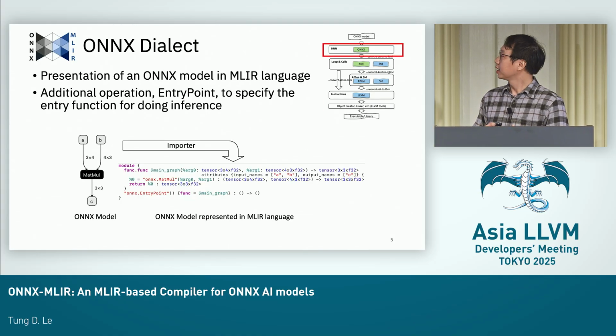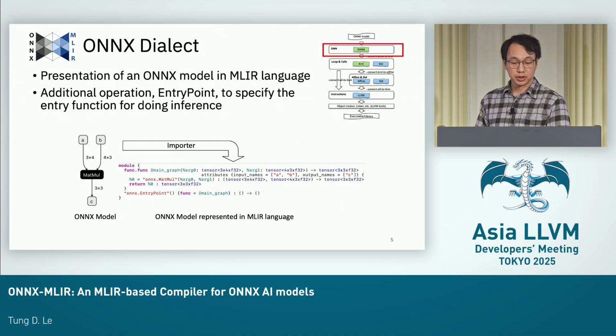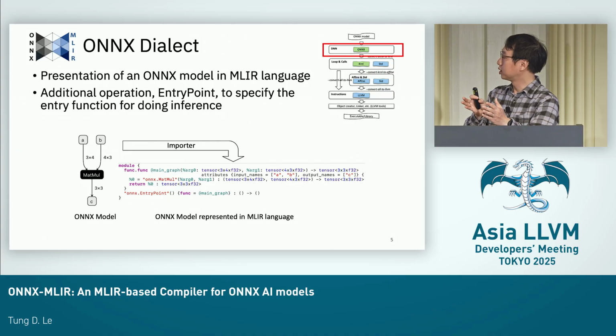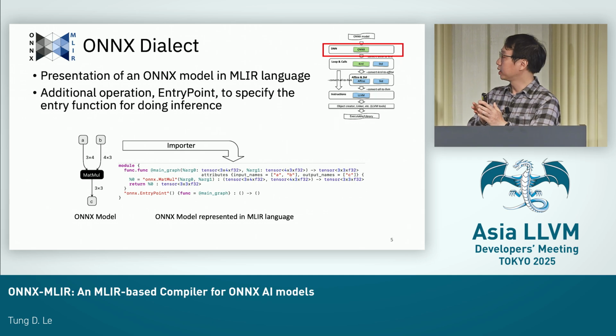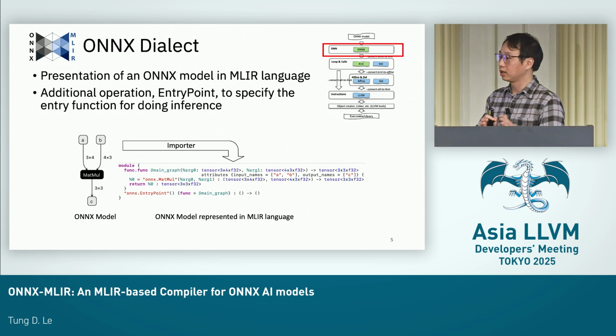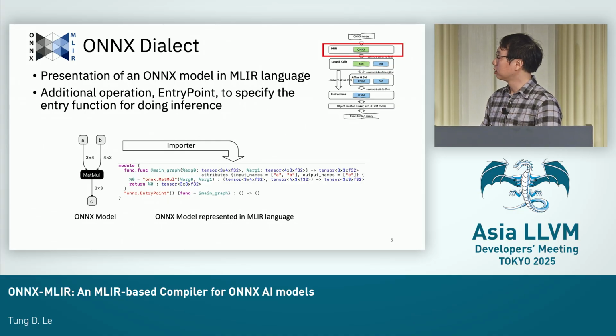The first dialect is the ONNX dialect. This dialect represents ONNX operators in the MLIR language. We have an importer to import a model in the ONNX format into an MLIR program. Basically, one ONNX operator is imported into one MLIR operation.